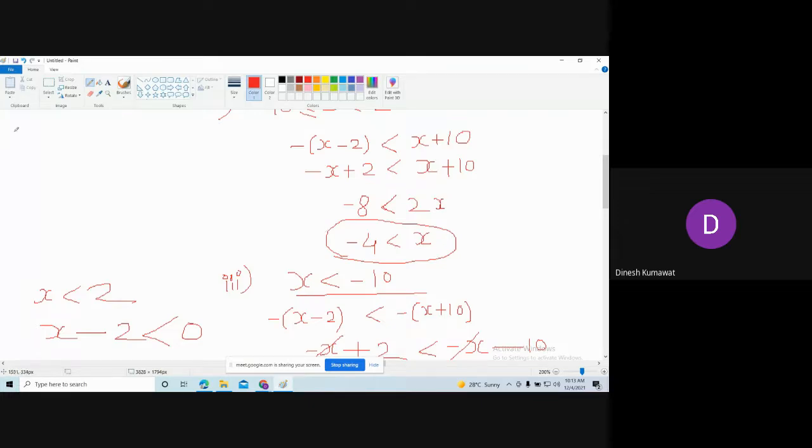So if I want to write all those x which are bigger than -4 in terms of interval, how can I write this set? You consider all those x such that x is bigger than -4, where x belongs to the real numbers.